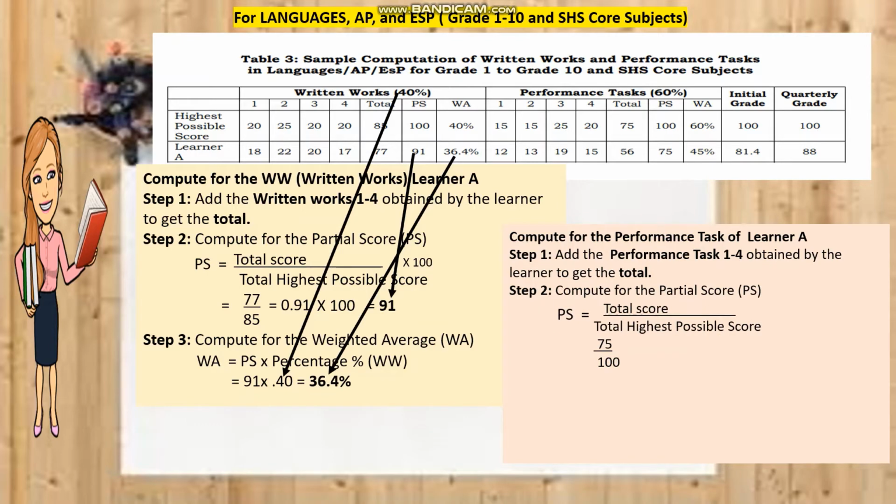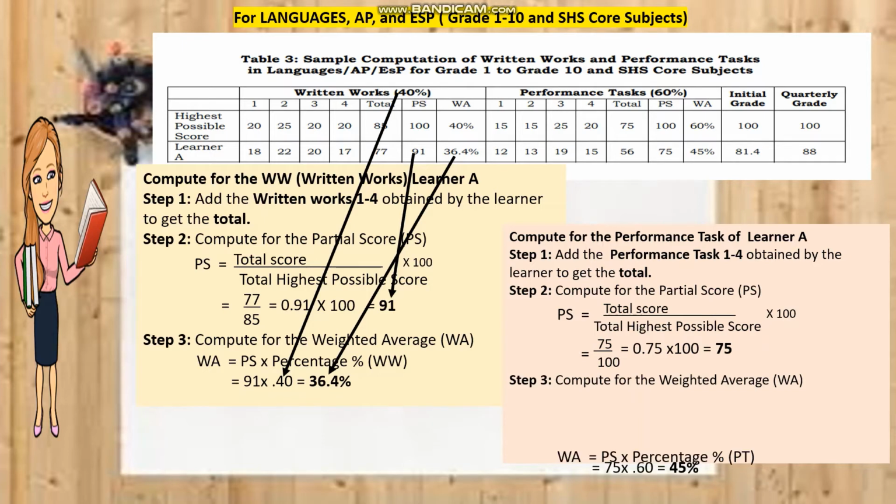Partial score is equal to total score divided by total highest possible score multiplied by 100, equals 75 over 100, equals 0.75 times 100, and the answer is 75. Partial score of the performance task.